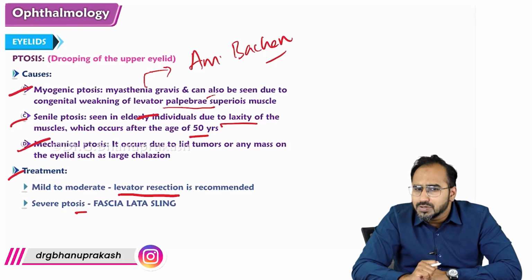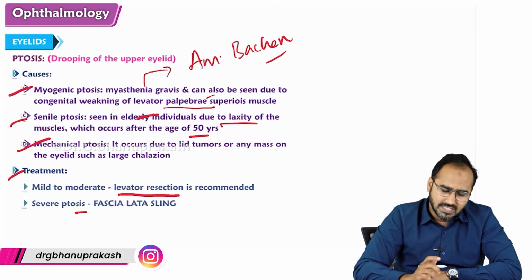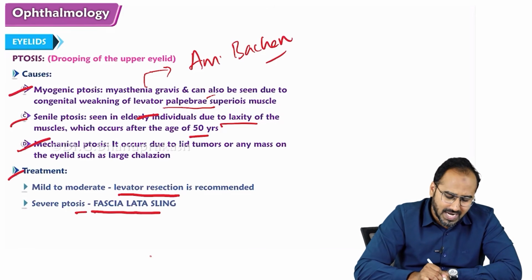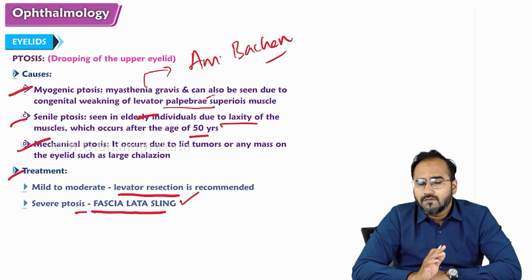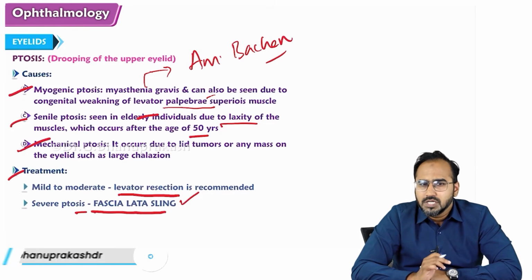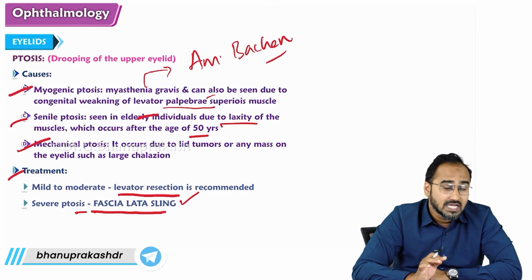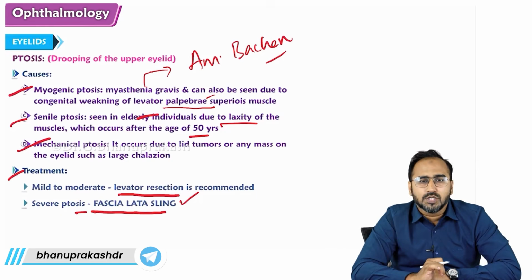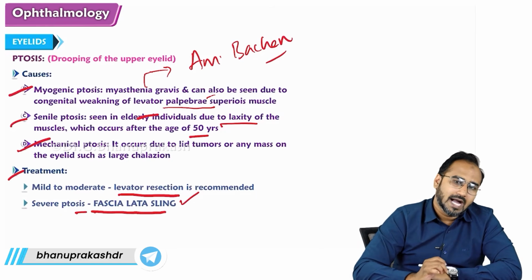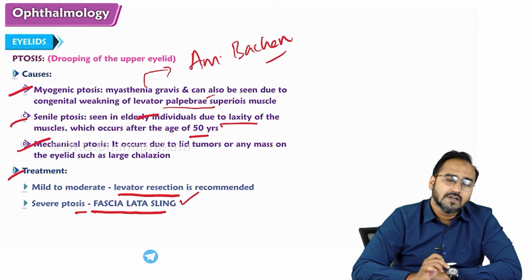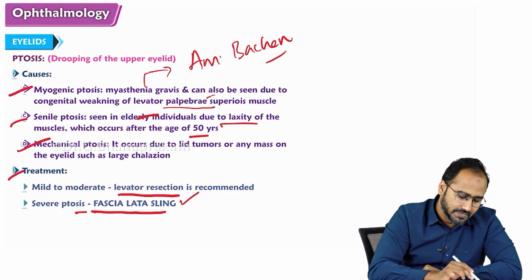The sling that you use is the fascia lata sling. So for mild to moderate ptosis, resection of the levator muscle; for severe ptosis, applying a fascia lata sling.